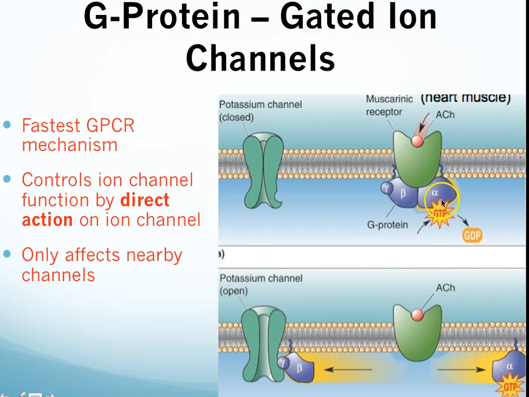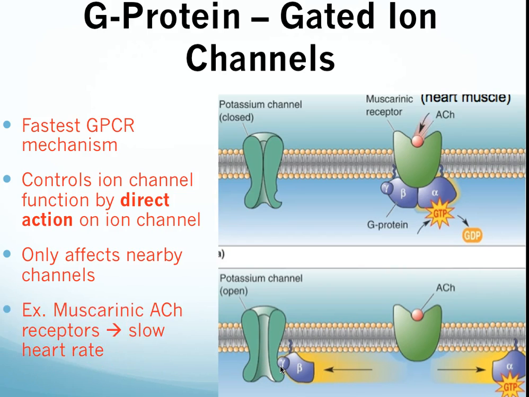We have GTP exchanged here, and that is going to trigger this alpha and the beta gamma to jump off. Now in this case, the beta gamma subunit is actually going to shoot over here, and it's going to interact with this channel on the intracellular side. It's going to cause the channel to shift its conformation and the pore to open, okay? And that's going to allow potassium to flow out, all right?